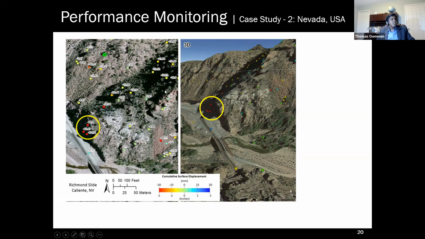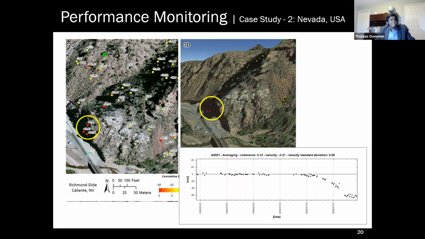And if you look at the surrounding area, most of the area had very small cumulative displacement over time, 0.52 and 13.53. So much smaller compared to this one, where you had significantly higher movements happening at the face of the slope, which raised the question, why is there movement happening here?